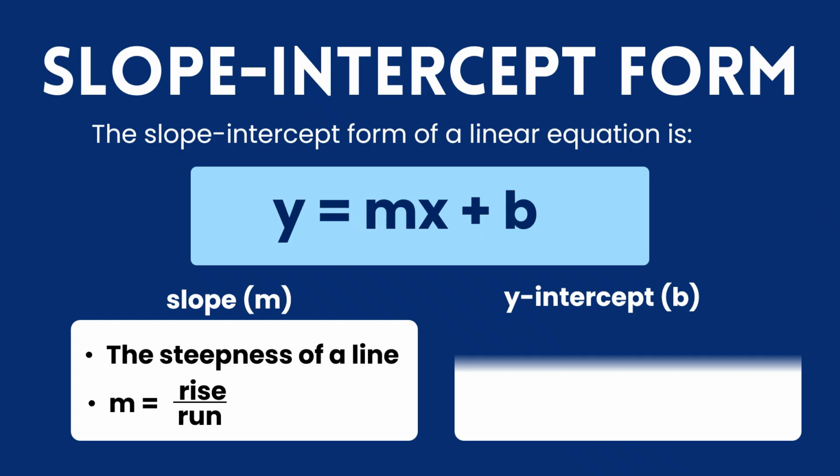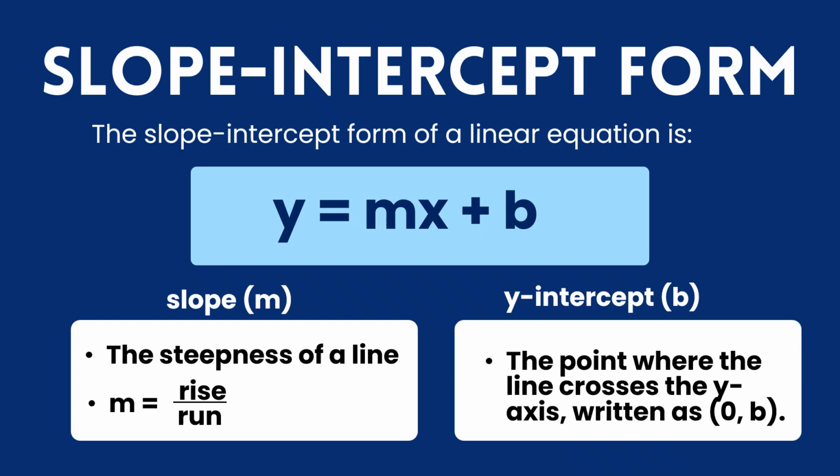The y-intercept, or b, is the point where the line crosses the y-axis, and it is always written as the ordered pair (0, b). Understanding both the slope and the y-intercept helps you graph any linear equation quickly and accurately. Now let's explore how they work.